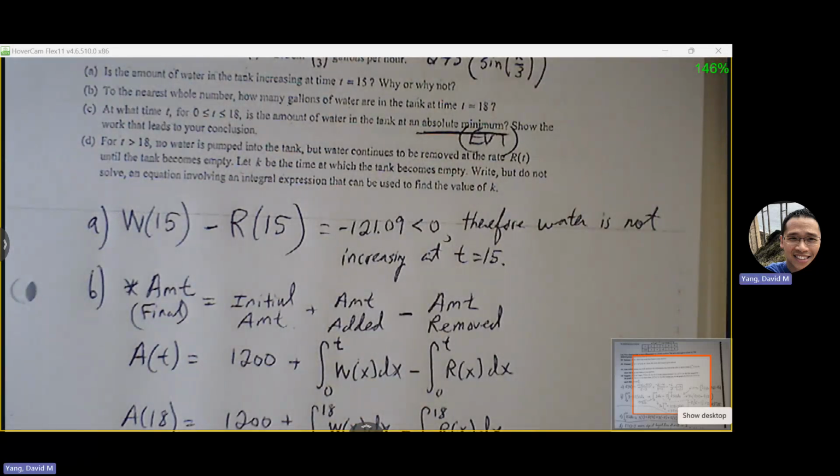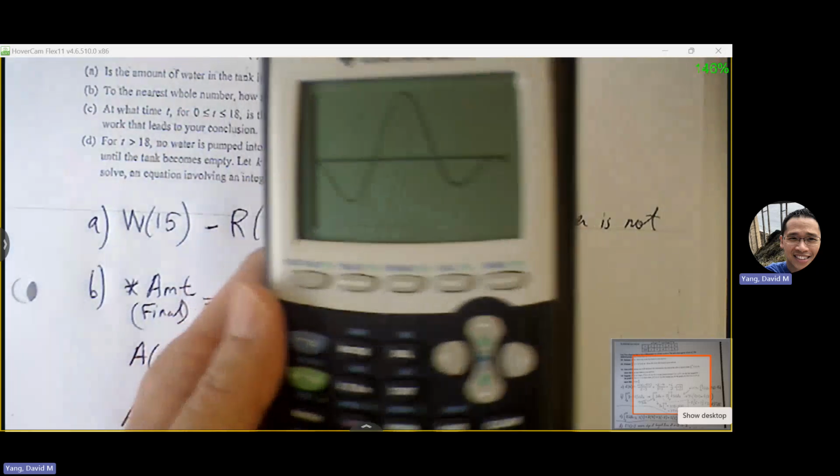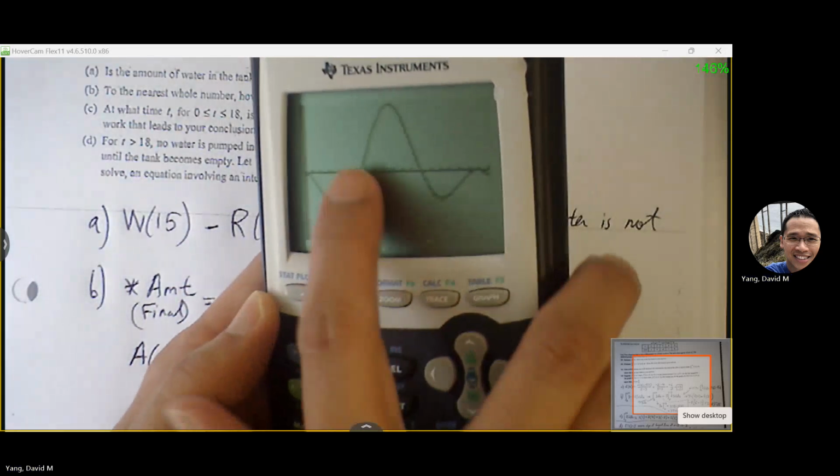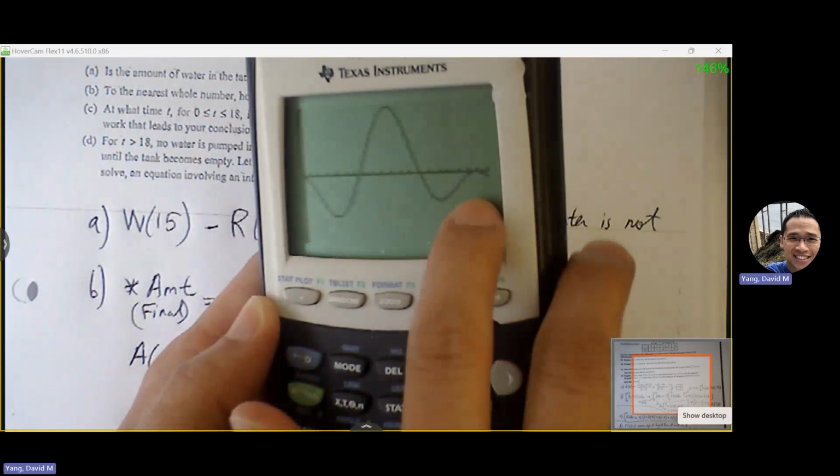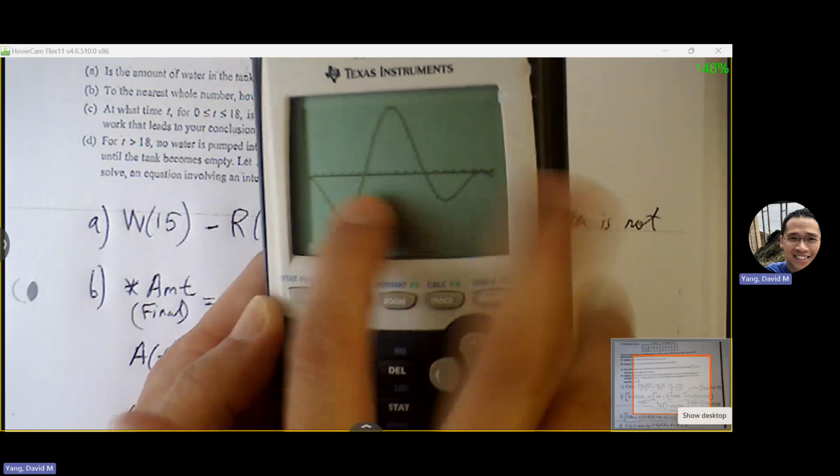Let me see, did I? Okay, so I'm seeing 2 critical points here. One is here, one is here. This one is too far out. This one doesn't hit.